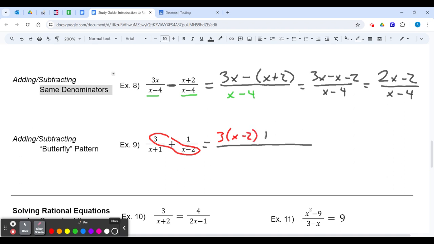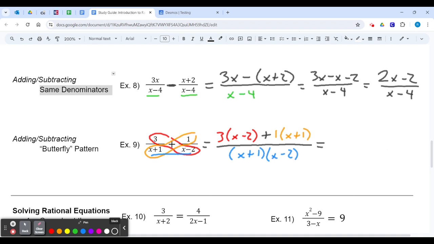We have a plus sign because that's what is in our problem, we're adding. Then I have this 1 times x plus 1 also taking place up top. And lastly, I'm just going to multiply across on the bottom to get my bottom problem, x plus 1 times x minus 2. And then we just need to do some simplifying steps here.